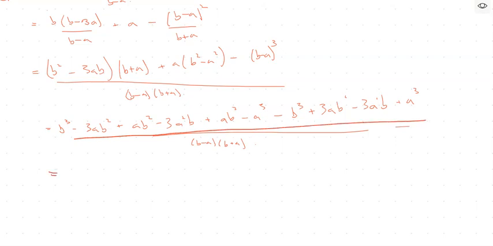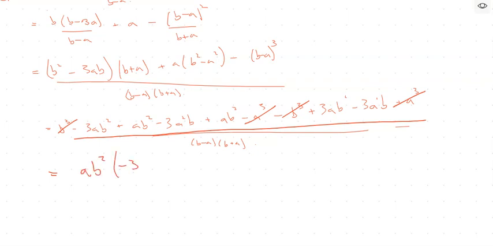Right, so things should cancel here, hopefully. They cancel. They cancel. Good. Okay. What have we got? ab squareds.